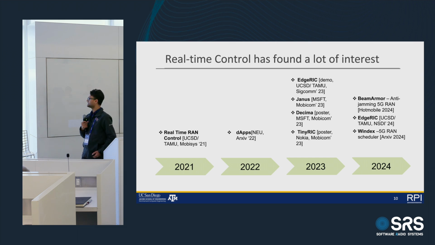Most of you might already be familiar with the framework of Janus. There is a fundamental difference in the architecture of Janus and Edge RIC. Janus is based on eBPF, more like inline computing. Basically, you get information from the RAN in real time. It's super fast. You can even capture the raw IQ data from the RAN and process it in the Janus controller.